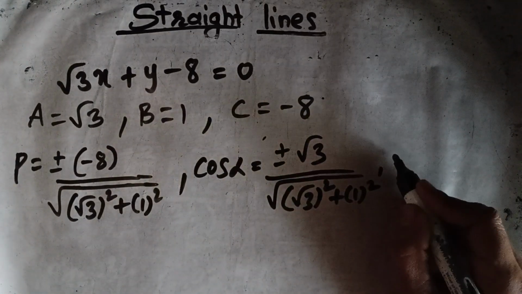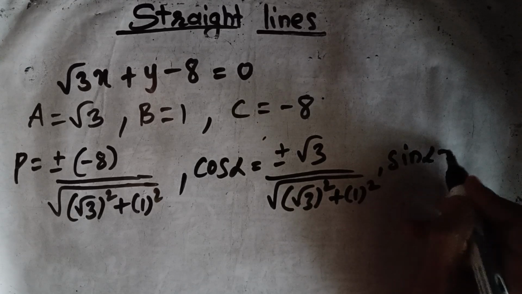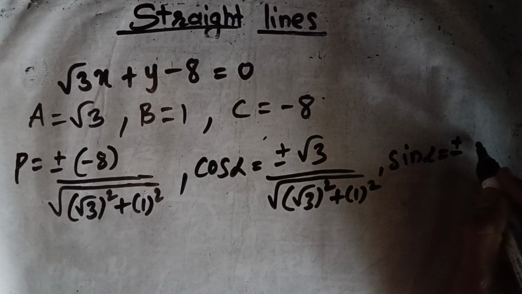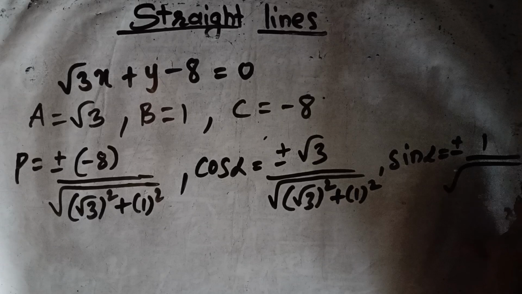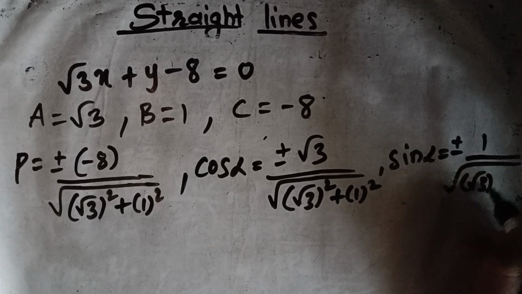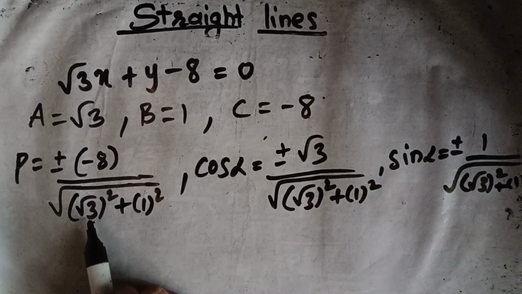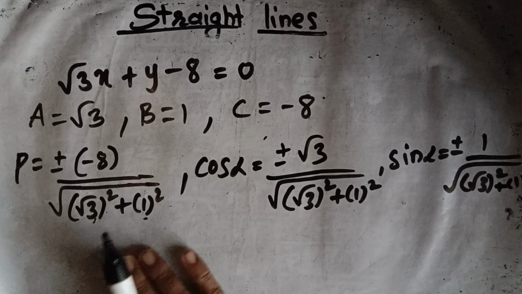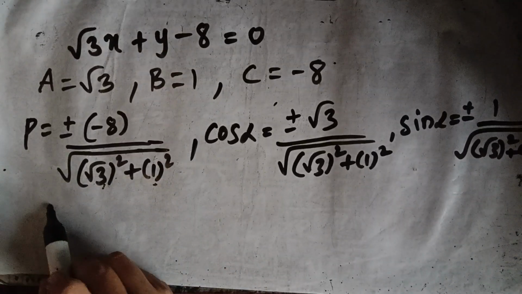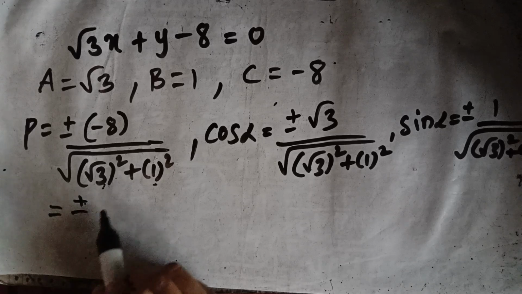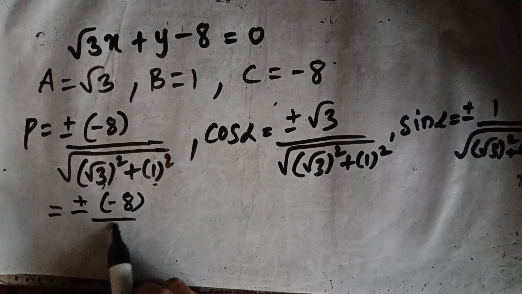Sin alpha, same way, plus or minus B upon root of A square plus B square. So this root is root 3 square, so 3 you will get. 3 plus 1 is 4, so root of 4 is 2.